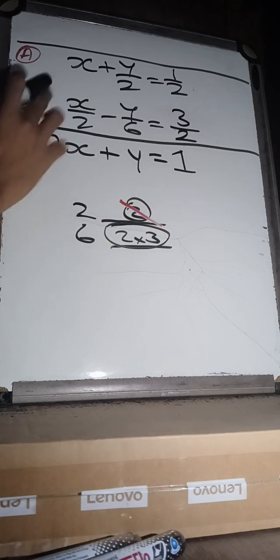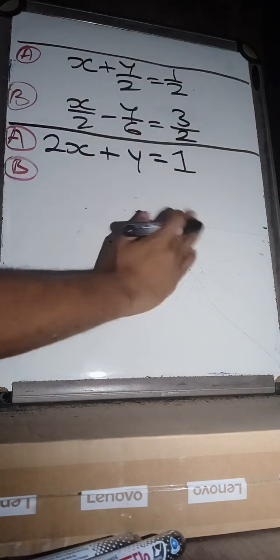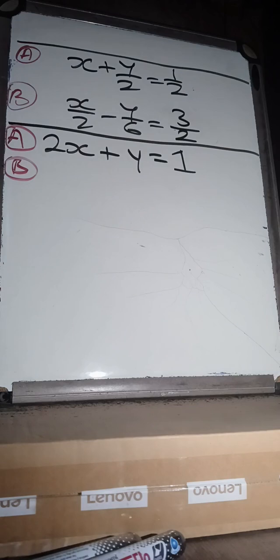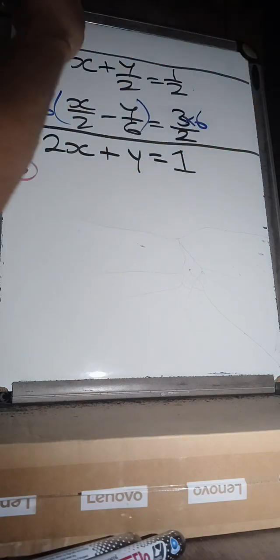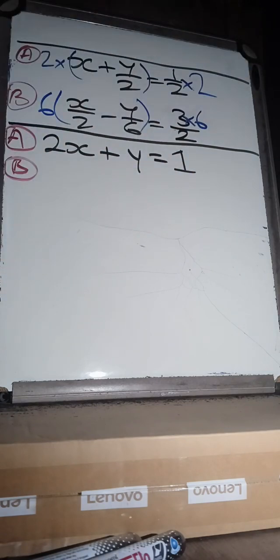So because of that, we're multiplying all of this by 6, and the other line we multiplied all of this by 2. So 2 times x, 2x. 2 times y over 2, the 2's cancel, leaving just y. 2 over 2 is 1.